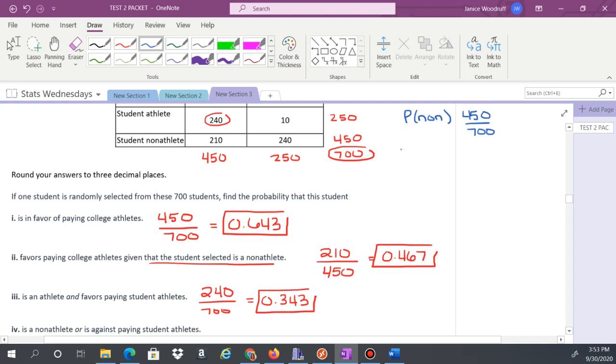Against. Okay, total people that said no was 250. This total no here, 250 out of 700. And then non-athletes that are against, okay, non-athletes that are against was 240. That's this 240 here out of 700.